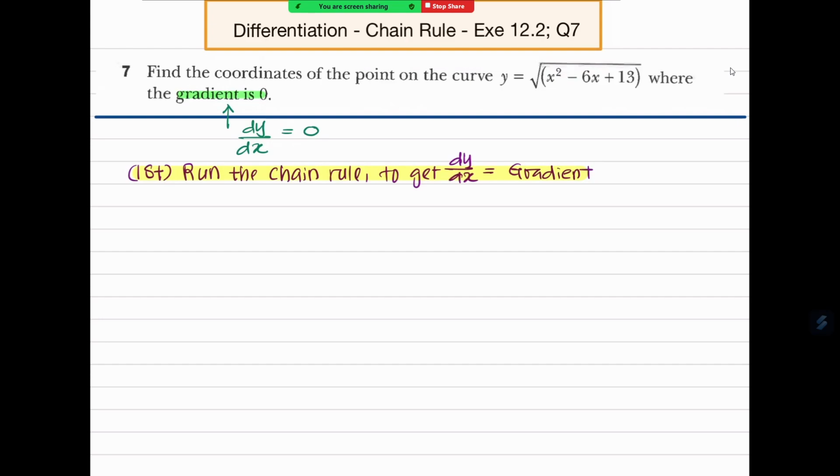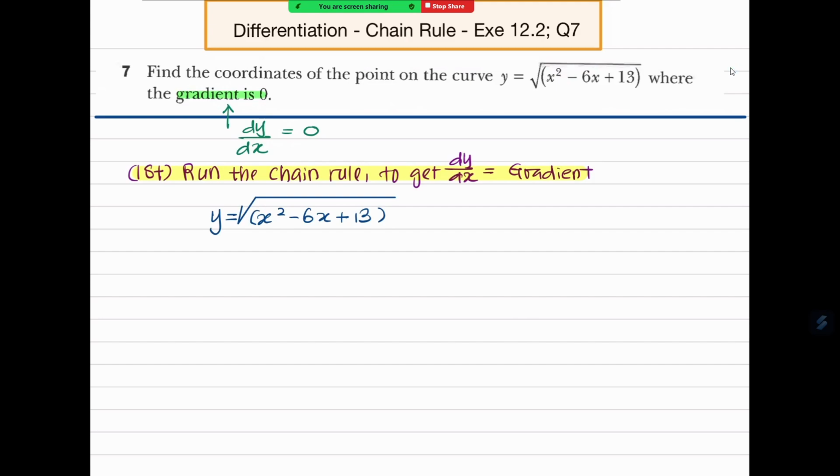procedure. Let's take the y, the equation the question gives to us, which is x squared minus 6x plus 13, and this whole thing is under a square root. Now we know that the key idea in differentiation is the indices.